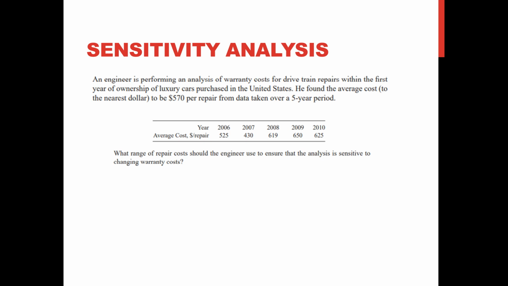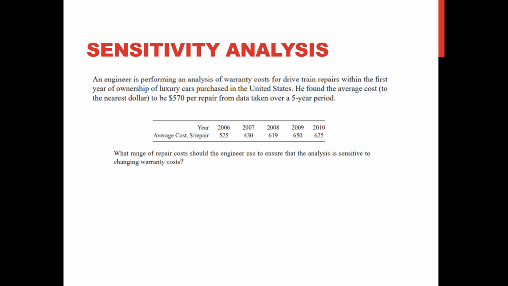Pinag-add niya lang yung mga value ng average ng cost per repair per year, then divided by 5, dun yun nakuha yung $570. So the question is, what range of repair costs should the engineer use to ensure that the analysis is sensitive to changing warranty costs?